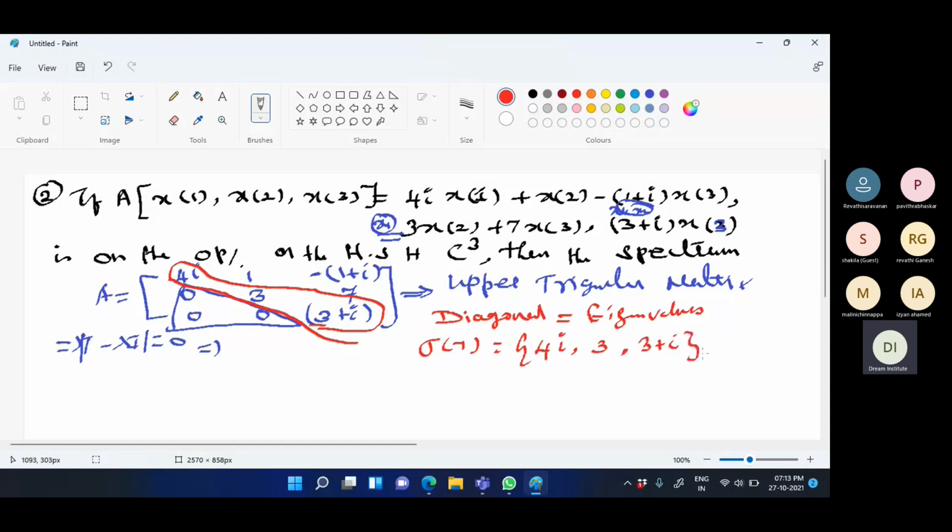This is the meaning of spectrum. They are asking for the spectrum only.